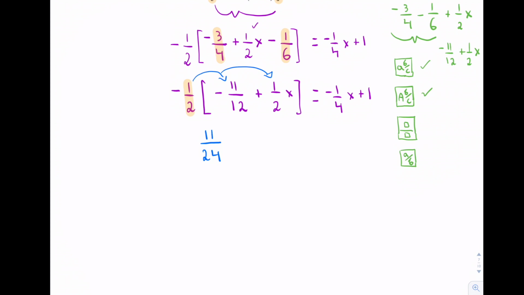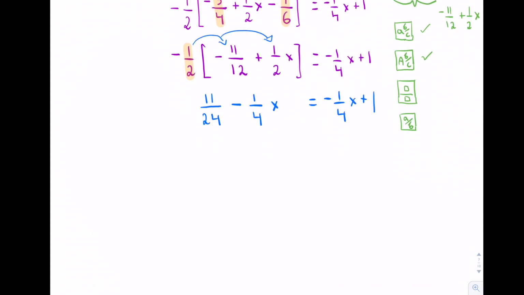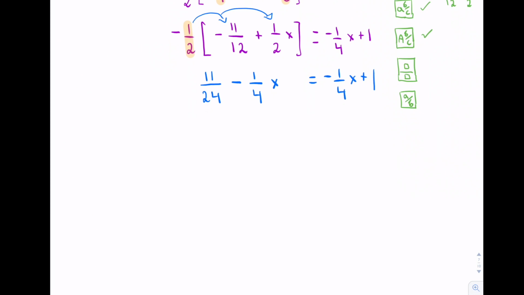And then negative times a positive becomes negative, and this is 1, and 2 times 2 is 4. So that's what we have there. All right, so we've simplified both the left-hand side and the right-hand side.